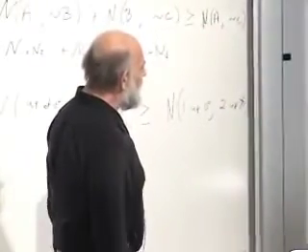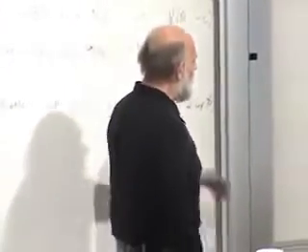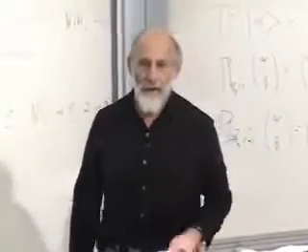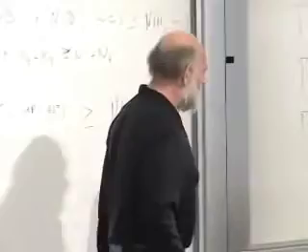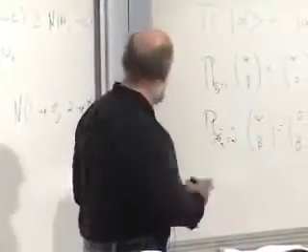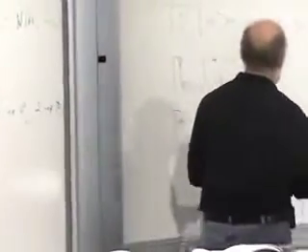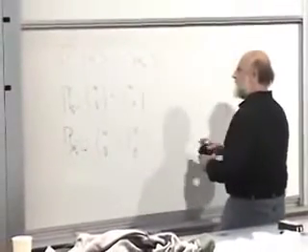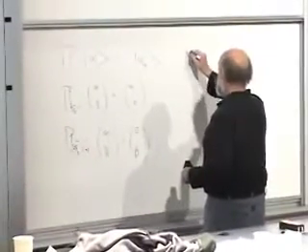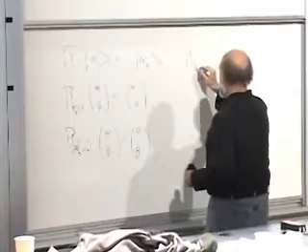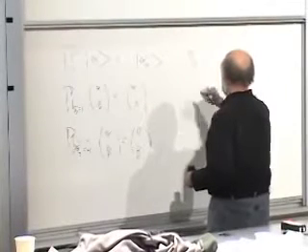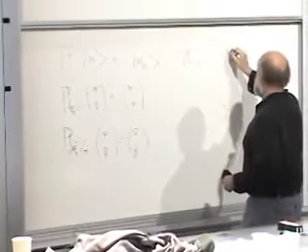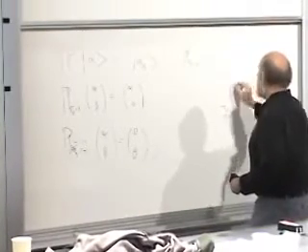Incidentally, P is an operator. It operates on a vector to give a new vector. There must be a matrix that goes with it. Let me tell you what the matrix is. Okay. The projection operator onto sigma 3 equals plus 1 is the matrix 1, 0, 0, 0.